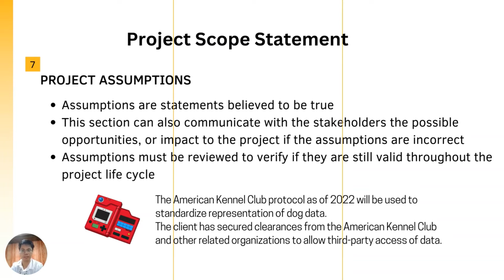First is that the data protocol set by the American Kennel Club as of end of 2022 will be used to standardize the representation of dog data. And second is that the client has secured all clearances that are needed to allow third-party access of the dog data held by the American Kennel Club.